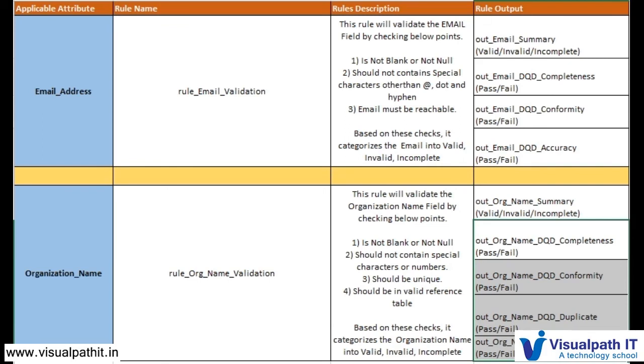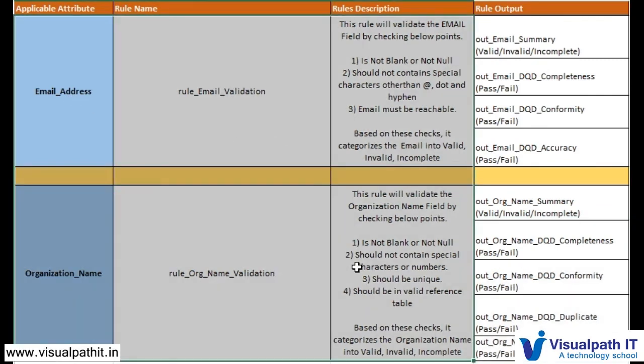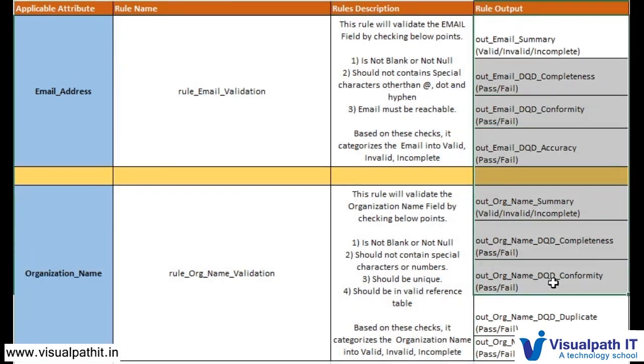That is the important thing the business will expect from the data quality developer. So we should develop the rules in this format, so that it benefits the business more and helps them a lot to remediate the issue data, so that they maintain purified data at the organization level.